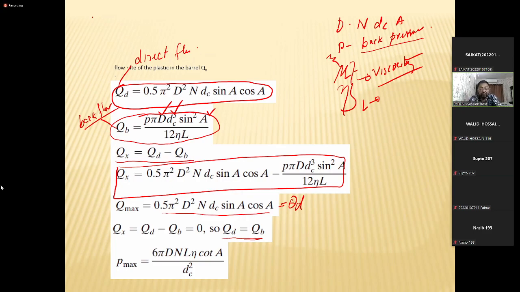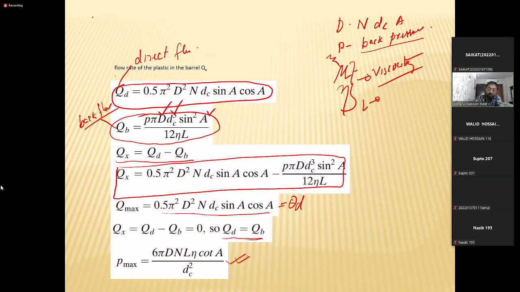So putting the value of Qd and Qb, we can find out the value of P maximum. Here, in place of P, we shall put P maximum, and after the numerical setting, we can get this formula.